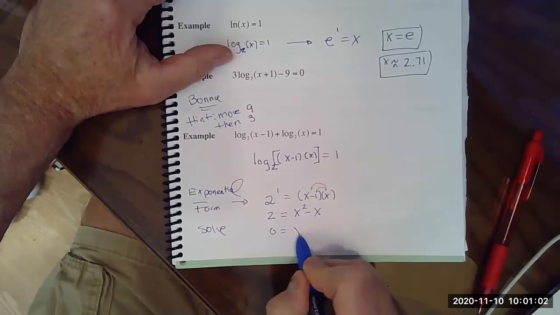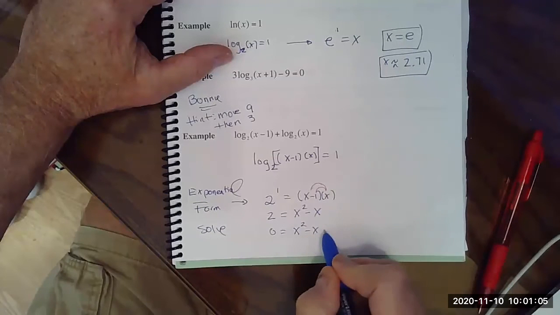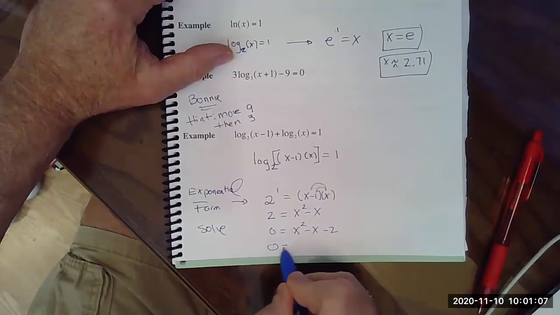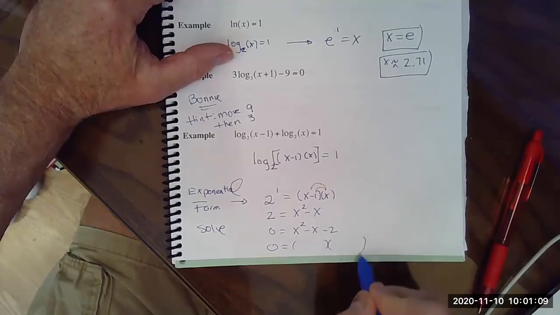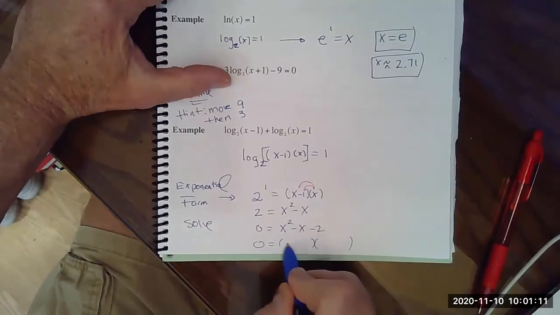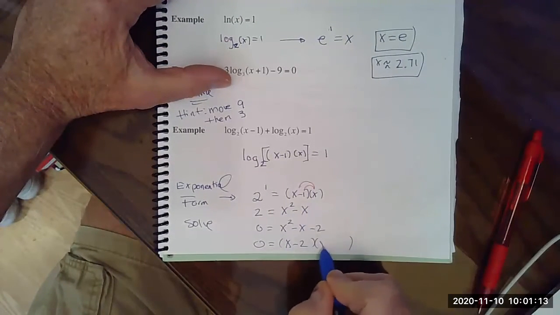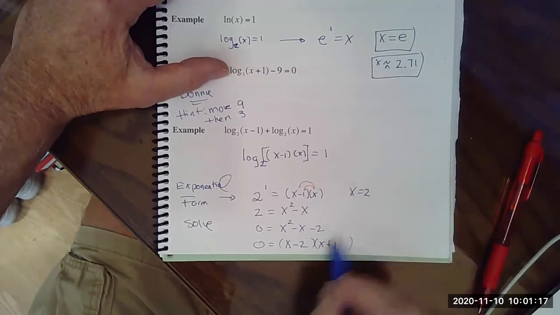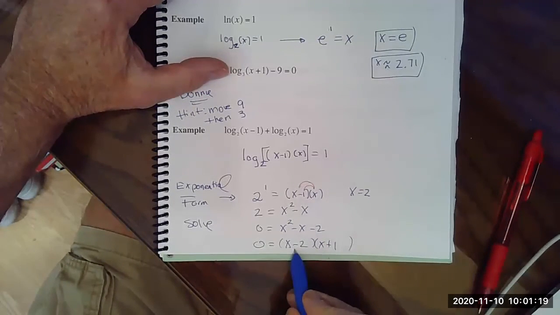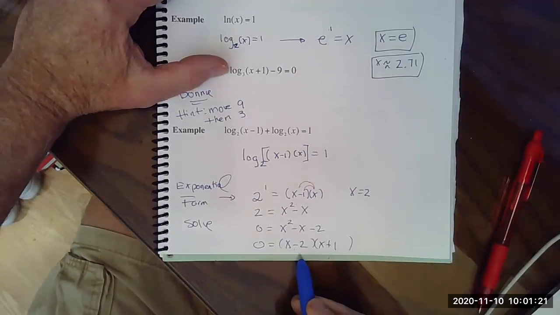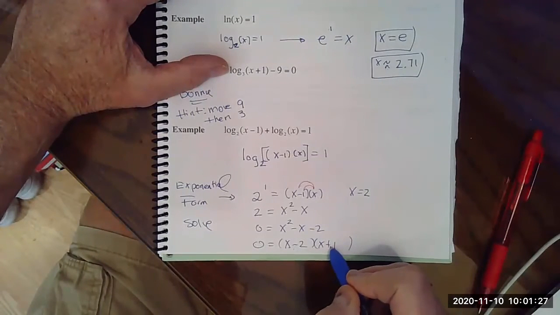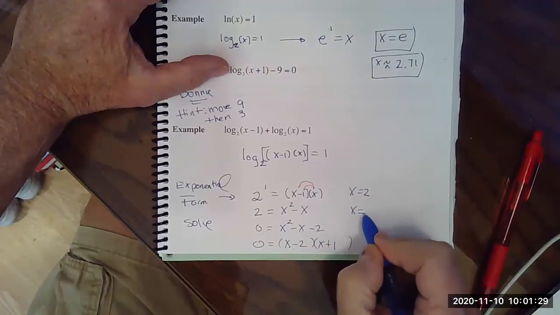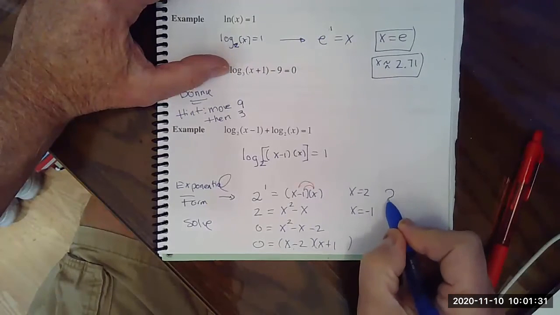0 equals x squared subtract x subtract 2. 0 equals, I think this factors. Therefore, x equals 2. For this one, x equals 2. Algebra: set this equal to 0 and solve for x. X equals 2. Set this equal to 0, solve for x. X equals -1. Big fat question mark.